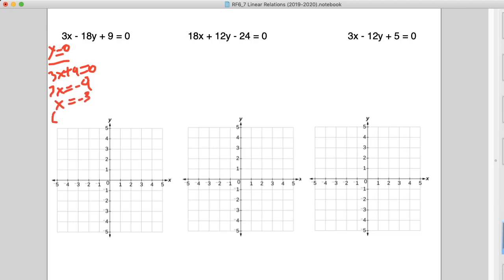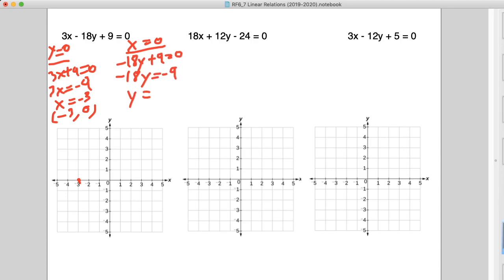So I'll have an ordered pair of negative 3, 0. So I can put a point down there. And then when we have x is equal to 0, I'll have 3 times 0, so that whole first term disappears. I'll have negative 18y plus 9 is equal to 0. I'm going to subtract 9 from both sides and then divide both sides by negative 18.